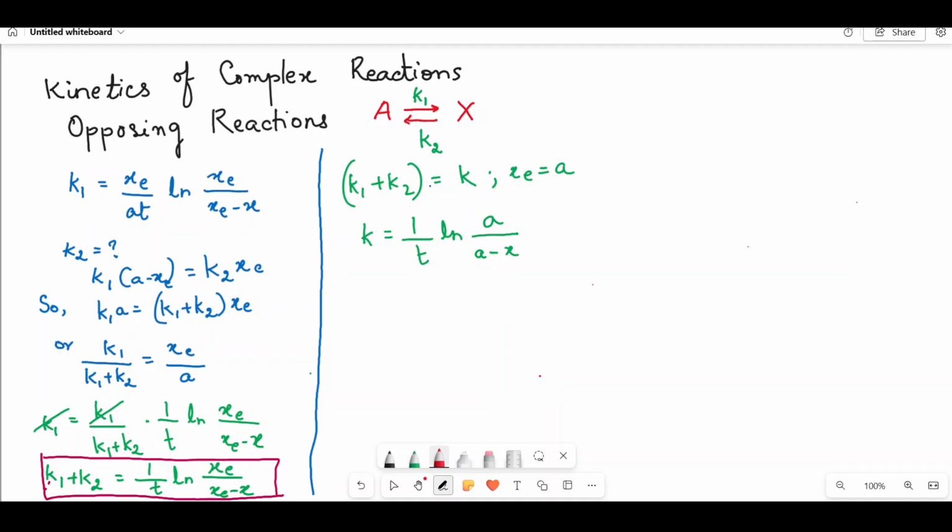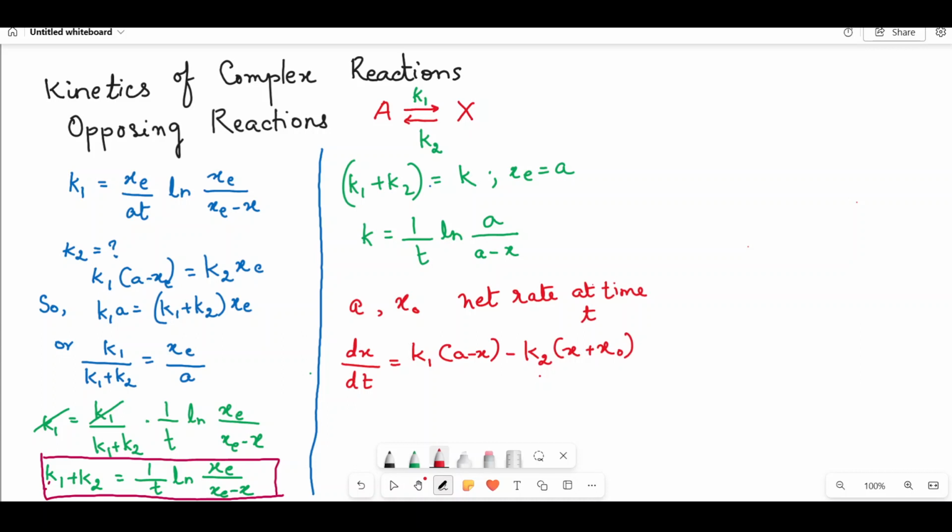If it is not the case, and the initial concentrations of A and X are A and X0, the net rate at time t will be given by the equation dx by dt is equal to K1 (A minus X) minus K2 (X plus X0).